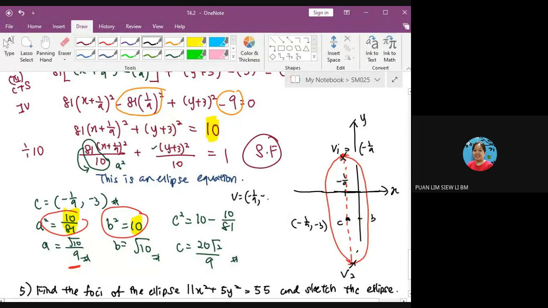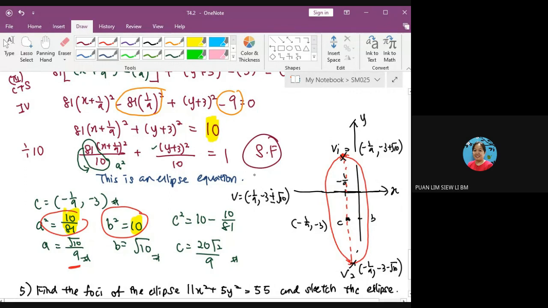Koordinat -3 tambah ataupun tolak ke bawah tambah tolak nilai B. So here will become -3 plus sec10. Here will become -3 minus sec10.